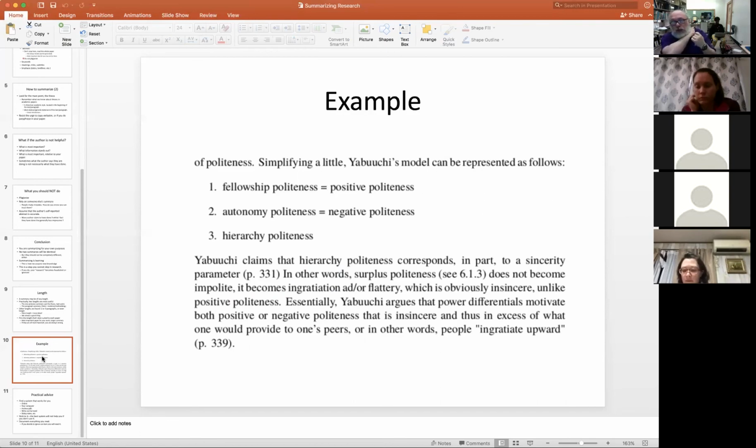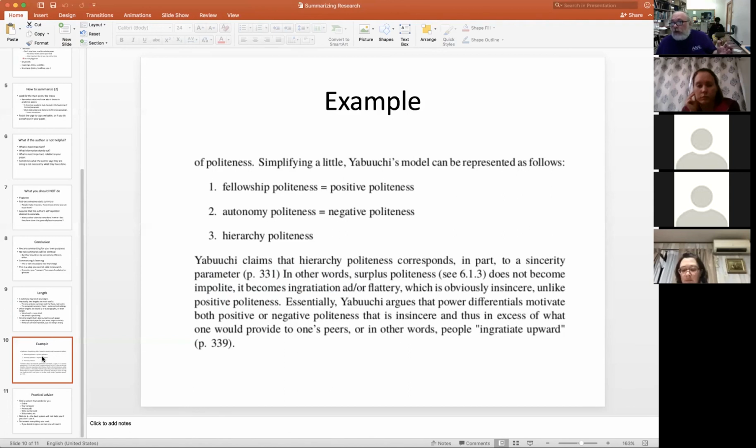So some people had said that, oh, well, then it becomes impolite. To be too polite is to be impolite. No, says Yabuchi. In fact, it becomes ingratiation or flattery, right? And so that's that. And then I have another sentence about the power differential and how that fits in with deference, right?